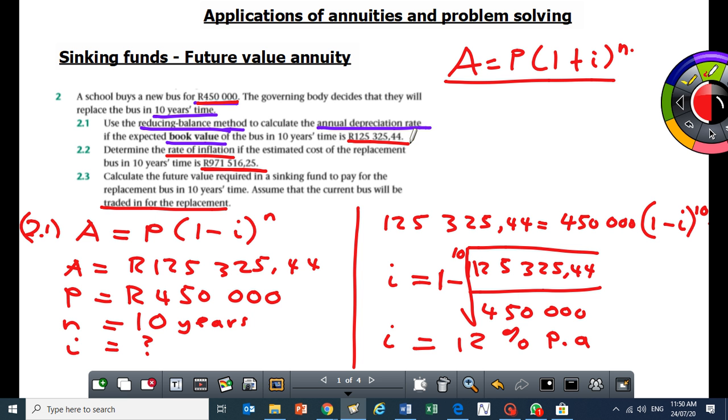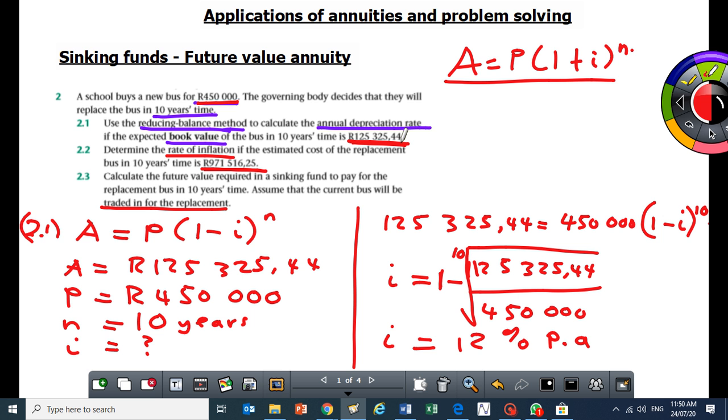Now, what's going to happen in 2.3, for them to create the sinking fund, they are going to sell the old bus and they will get this amount. So the remainder is going to be the difference between this value and that value. That's the amount which is going to be put in the sinking fund.